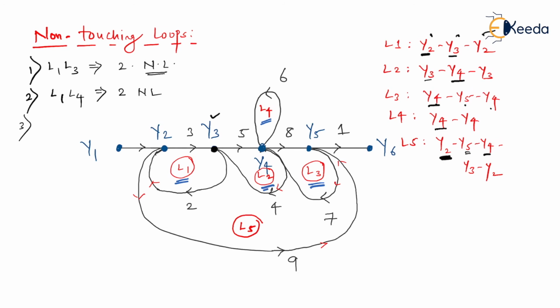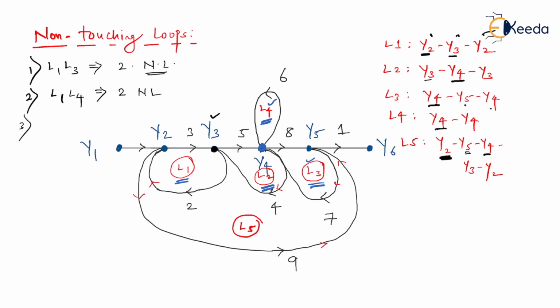If you see L2 and L4, graphically it is clear that Y4 is a shared node. Even when you compare L3 with L4, again there is a common node, Y4. So sometimes the signal flow graph is so easy that just by observation you will come to know which are non-touching loops and which are touching loops.